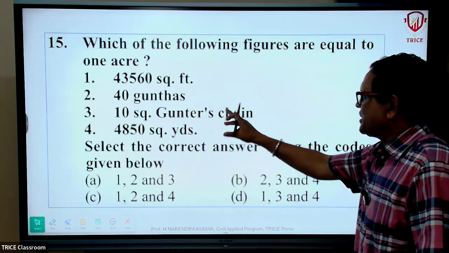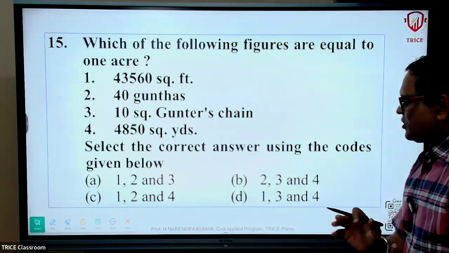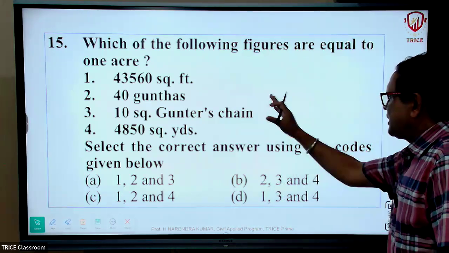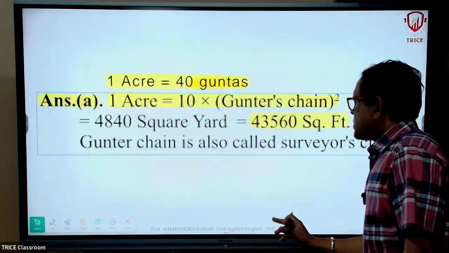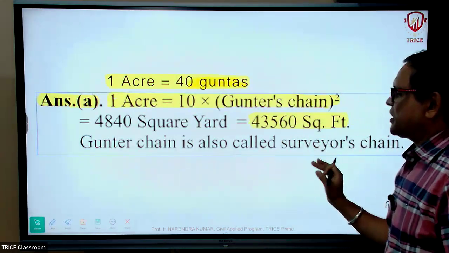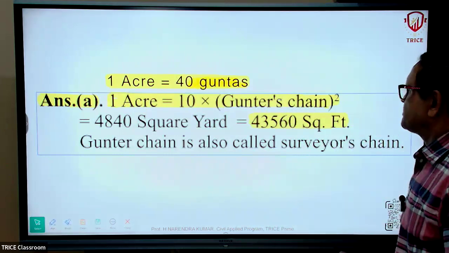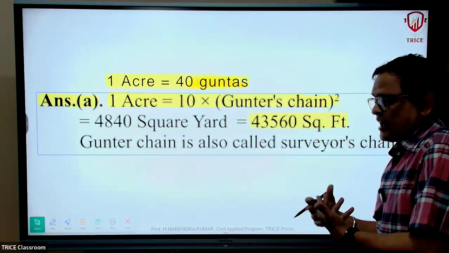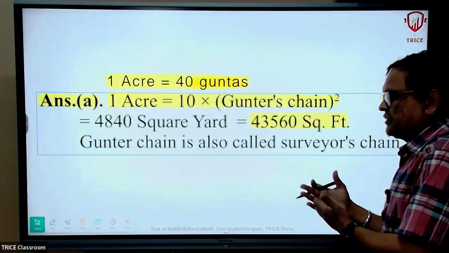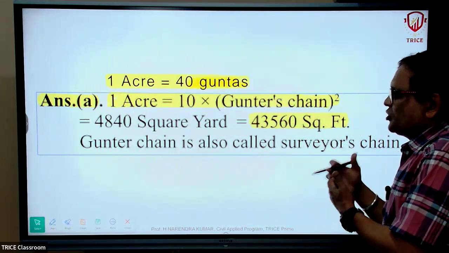Here, let me tell you, 40 guntas, everybody knows. In our state, 40 guntas is equal to 1 acre. So straight away, I will get the answer. That is why I gave you that first: 1 acre is equal to 40 guntas. It is a straight answer. Once again, don't go for other calculation. 1 gunta is nothing but 33 multiplied by 33, into 40.